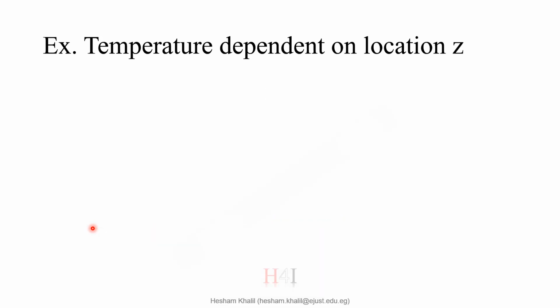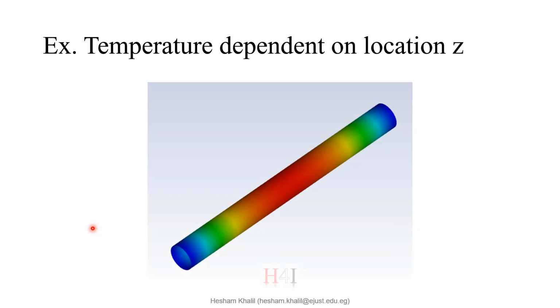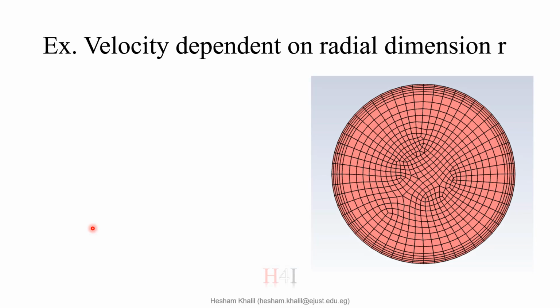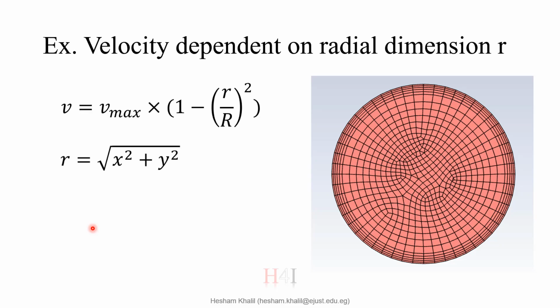Okay. This is how we will find the temperature after defining this equation. If you draw the contours of temperature across the pipe, you find a gradient of temperature, not a constant value. Okay. Another example, if you want to define a velocity at the inlet which has a laminar velocity profile, which changes in the radial direction R. We know that this is the equation of the velocity for laminar flow: V equals V maximum multiplied by 1 minus R over R capital, all squared.